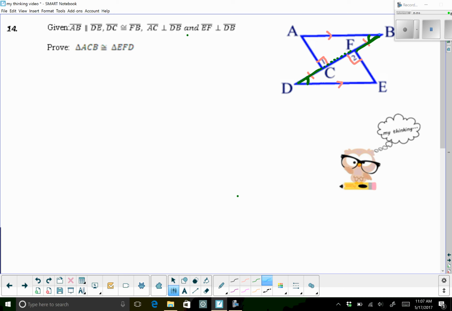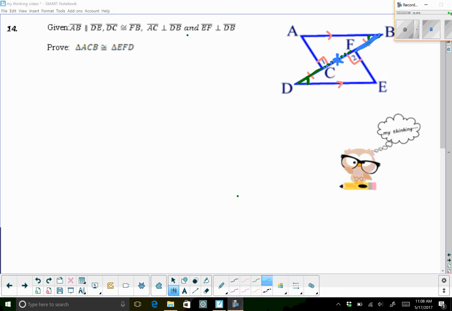If I continued this segment BF through the length of CF, I would get a full side in the upper triangle. So since I have two short things and I need to make them a little longer, I'm going to have to use the addition postulate to get me a full side in both the triangles. So I'm actually going to mark this reflexive property because that's what I have to add on to my two smaller chunks.